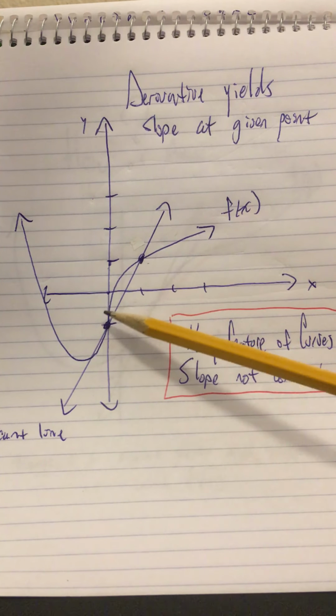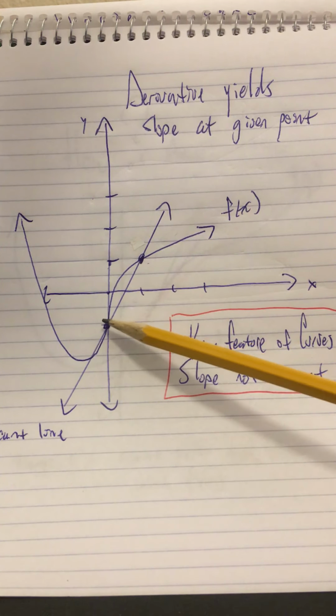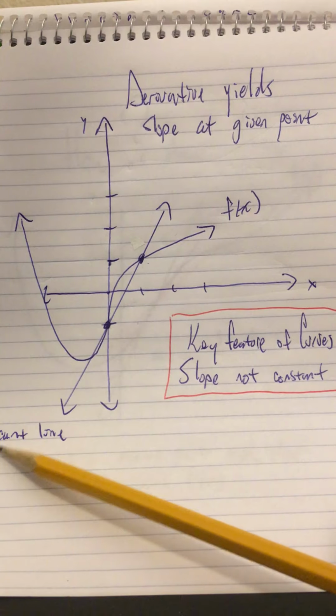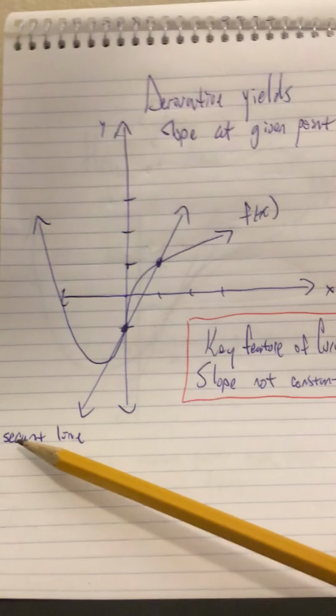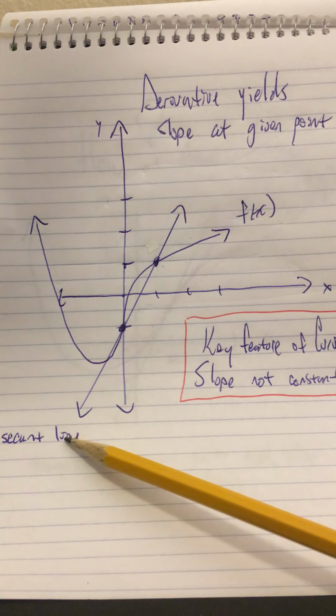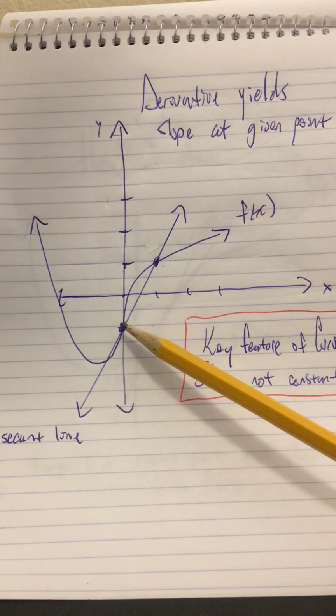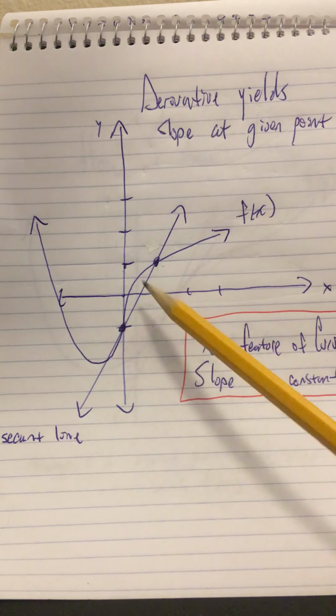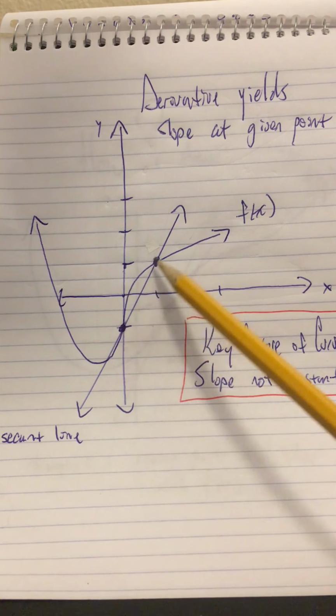Now, this type of line that intersects the curve at 2 key points is called a secant line. Secant line. So you might want to put that in your notes. The slope of the secant line gives us the average slope of f of x over this interval where the 2 key points are.